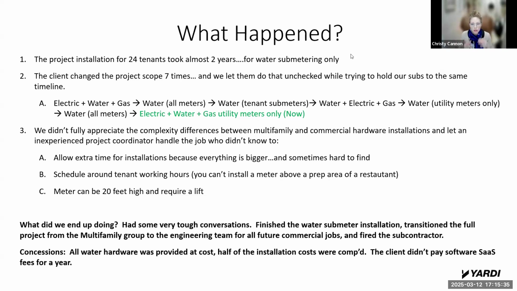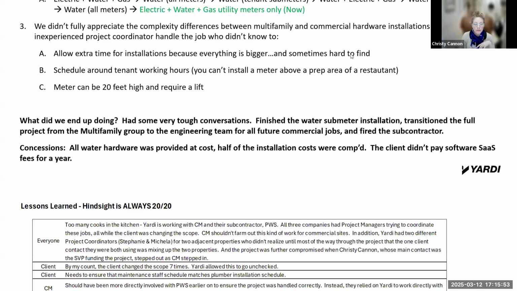So for all commercial jobs going forward, for this and all clients, they're going to be handled by our commercial team. The concessions were that all the water hardware was provided at cost, half of the installation costs were comped, and the client didn't pay software SaaS fees for a year.